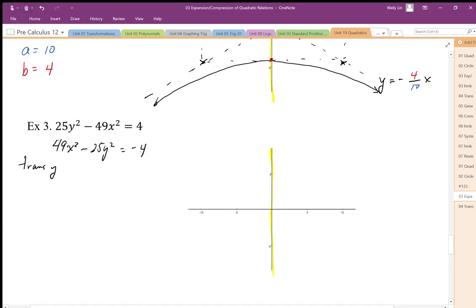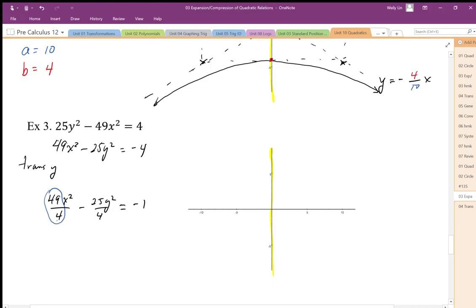I want to be able to put it in graphing form, so I need to divide by 4. Now, this is in the reciprocal form of what we really need. As long as I understand that it's in this reciprocal form, I need what's in the denominator. I can identify my a and b by understanding that really I'm dealing with the reciprocal.